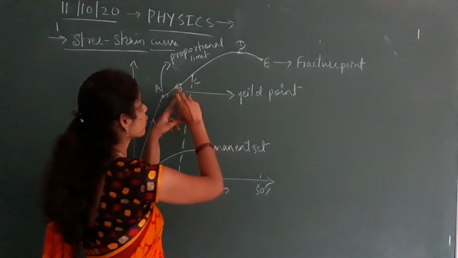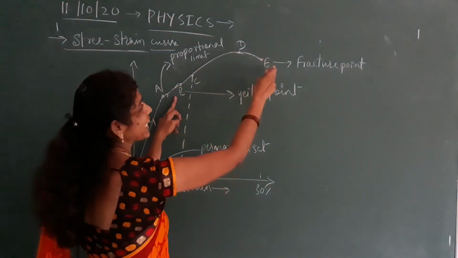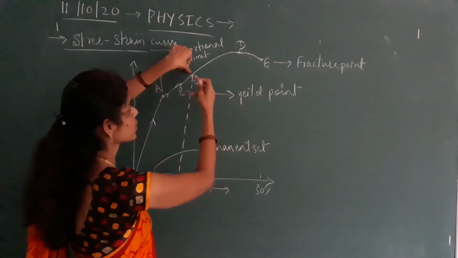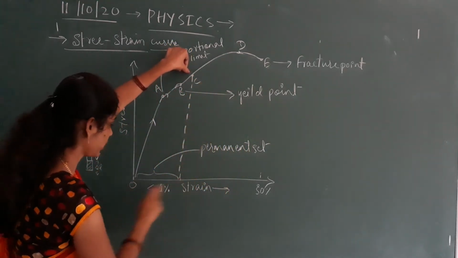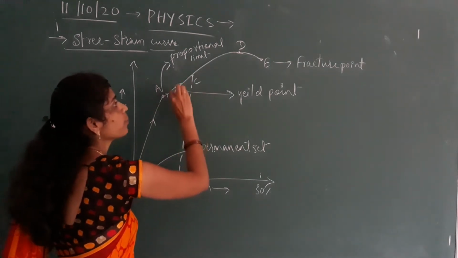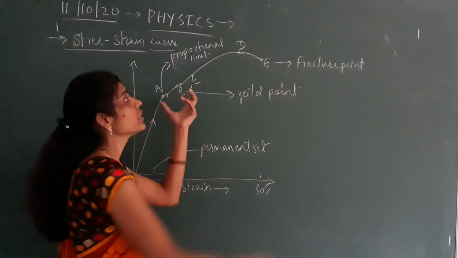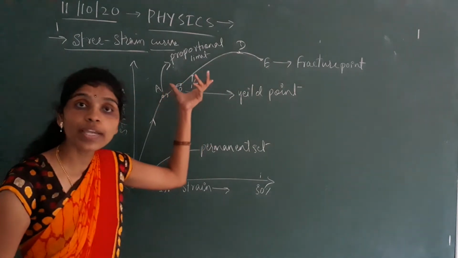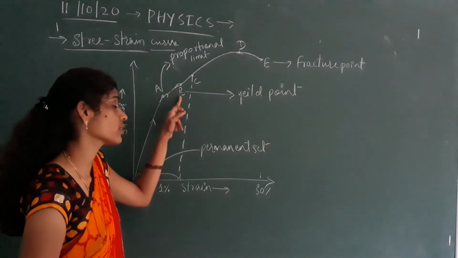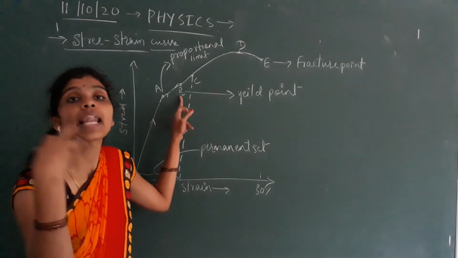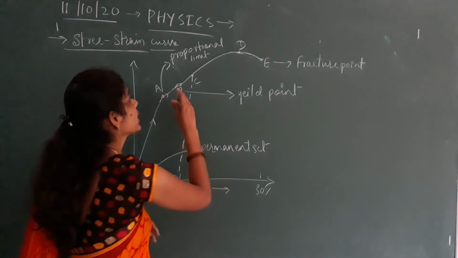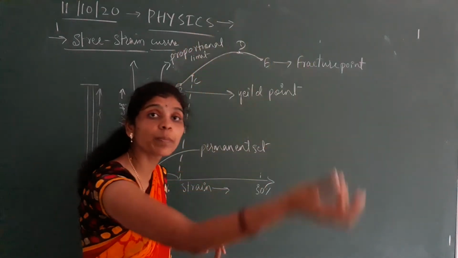If you see further, from B to E, at a certain point C, the dotted lines are shown here. In this region from B to E, Hooke's law is not valid. The object or substance has already crossed the elastic limit and loses its elastic property, which is converted into plasticity.